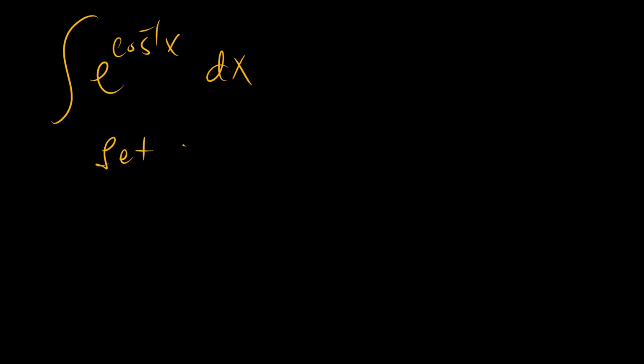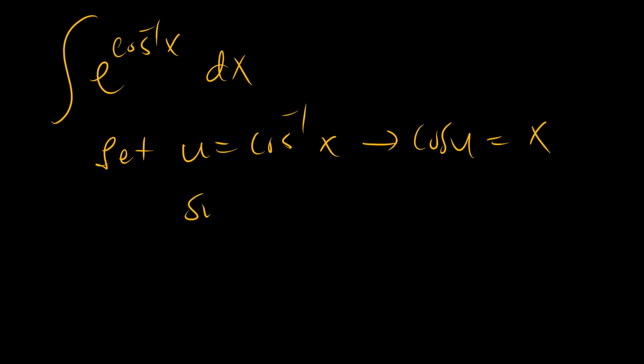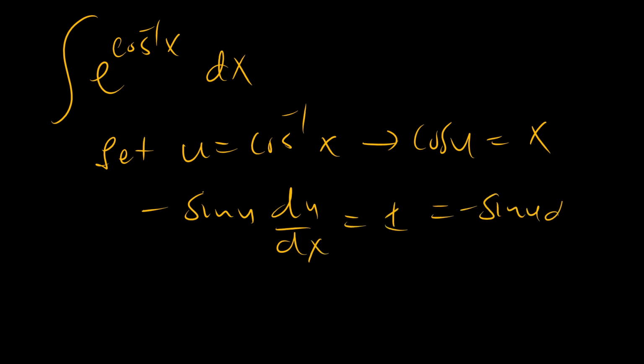This is our problem, right? Cosine of x. The quickest thing would be for us to let u be equal to cosine of x, and that means cosine of u equals x. That means that negative sine u du/dx equals 1, and that means sine u du equals dx.